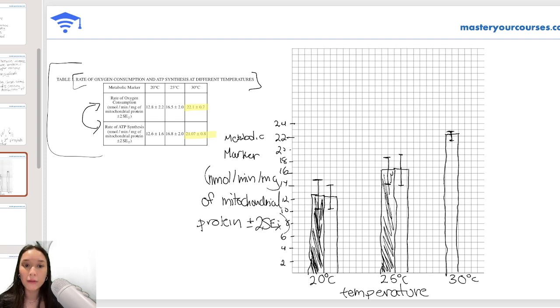So that's about 0.7. And then 21.07 should be pretty much the exact same. Or sorry, this is not 22.07, it's 21.07, my bad. So 21.07 should be one lower, right about here. And then plus or minus 0.8, that.